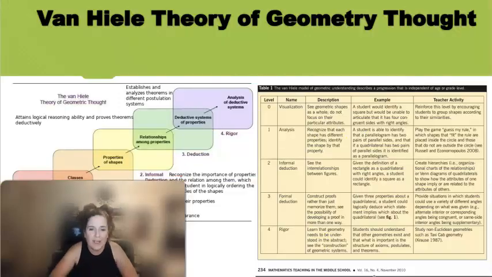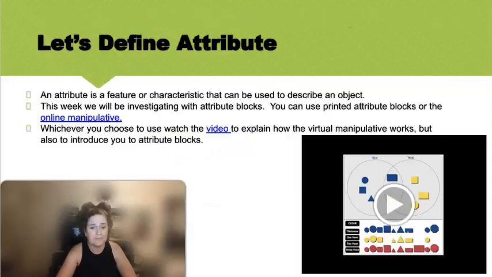We will be talking about Van Hiele's theory of geometry thought, and you can see how it grows throughout elementary school and how teachers help students lay that foundational understanding. Then we'll be looking at attribute blocks.